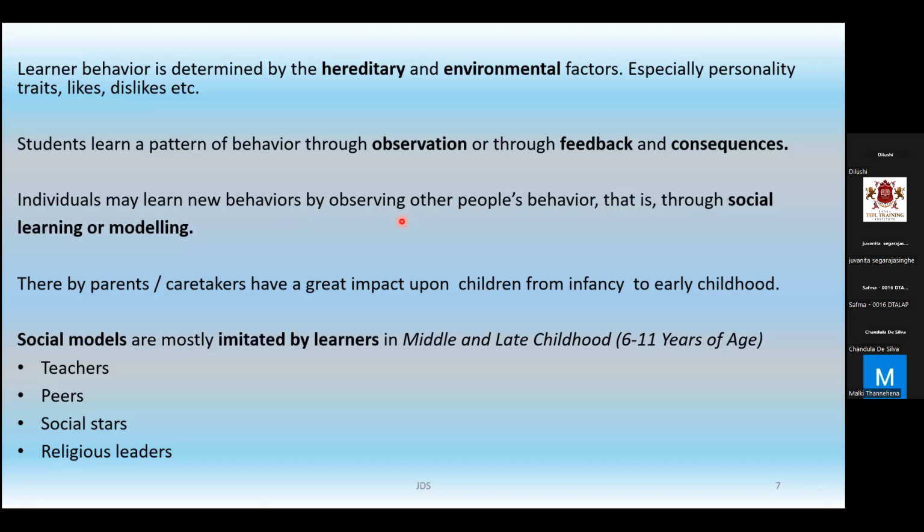So we can't just say nobody is going to observe me, who is there to look at me and all, right? So definitely the child will be observing. Even without his knowledge, he will get influenced by any adult. It can be the teacher or it can be some other adult who is around him. So that is how behavior is learned. Parents, caretakers have a great impact upon children from infancy to early childhood, right?